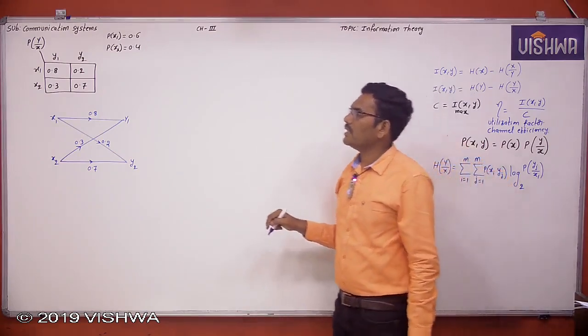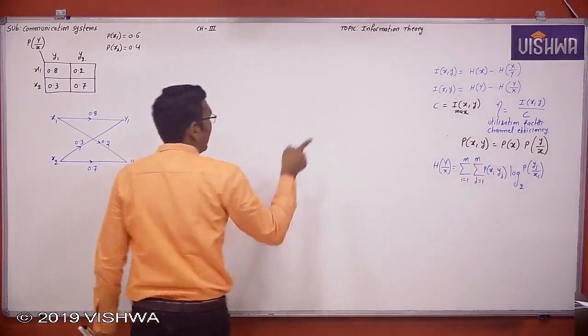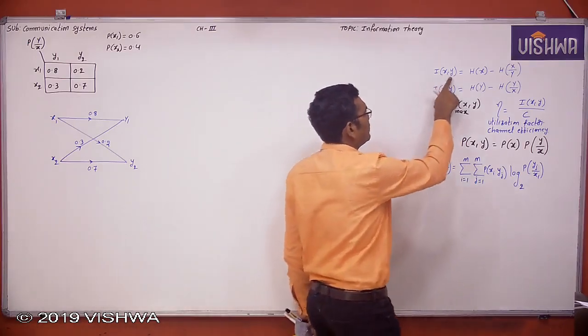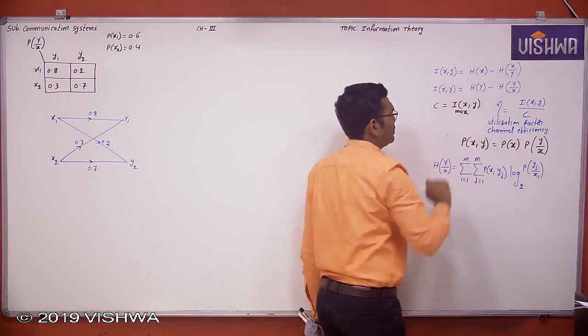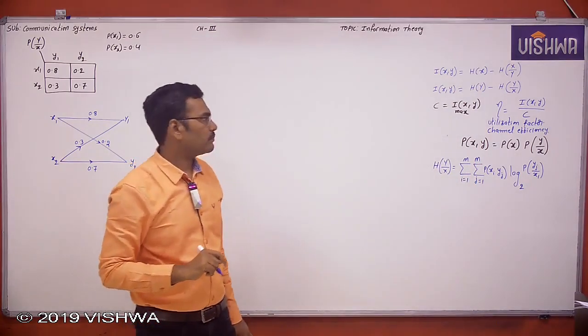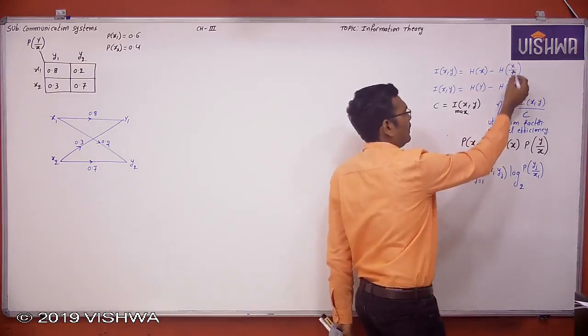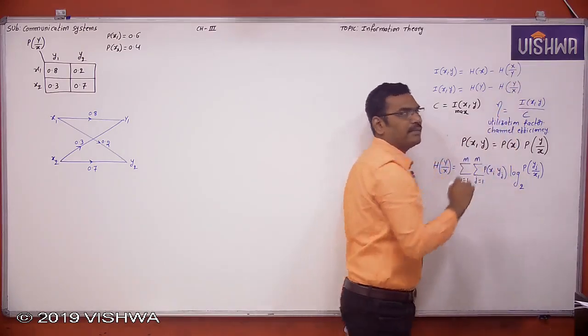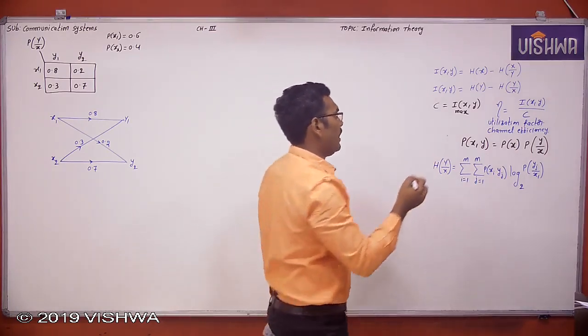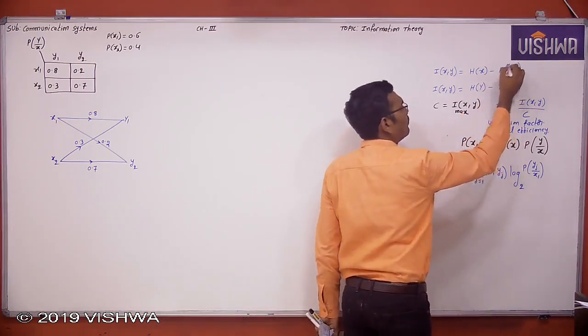What he is asking is the mutual information. Now we have a formula for mutual information, I(x,y). There are two formulas. Now you tell me which formula has to be used. H(x/y) is there, H(y/x) is there. So which one has to be used? If I use H(x/y), we require it.